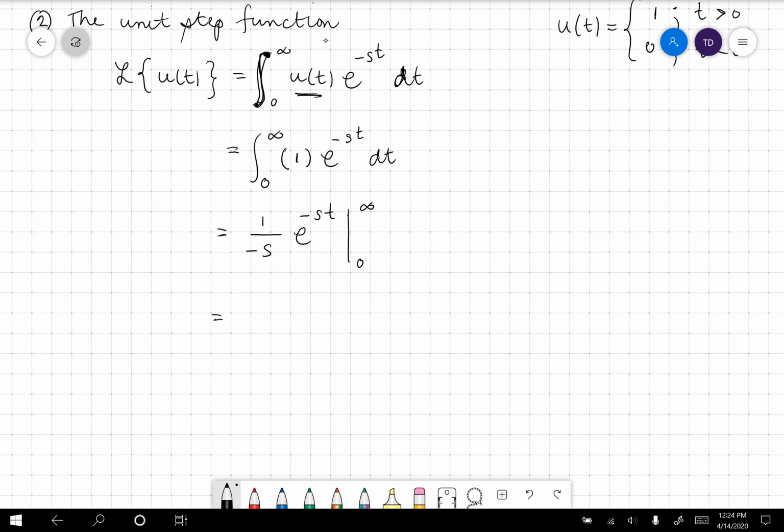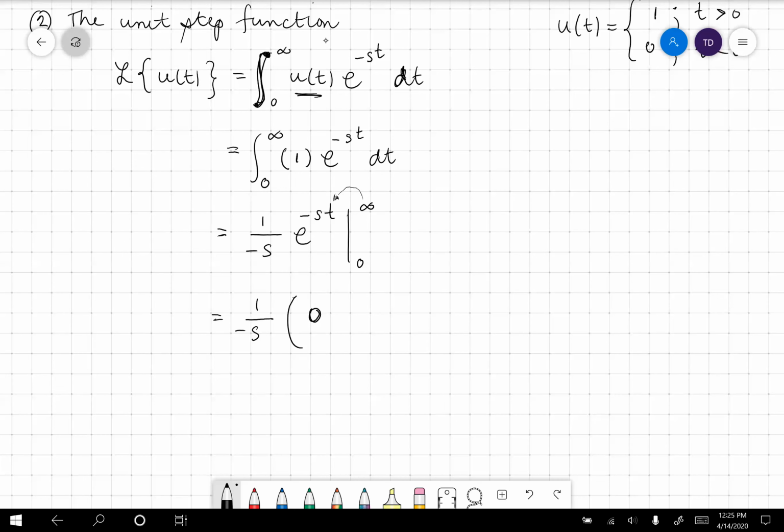So this is 1 over minus s. Now, when I put infinity in for t at the upper limit, I have e to the minus infinity times s. What do you think e to the minus infinity times s is? That's an e to the minus infinity. And what's the value of e to the minus infinity? That's correct. 0.